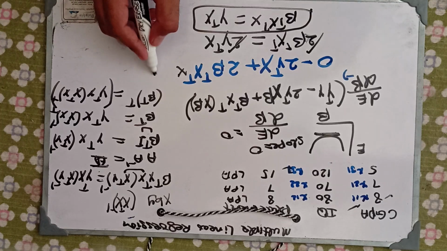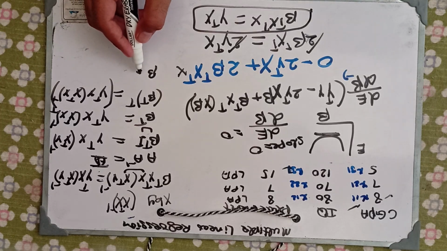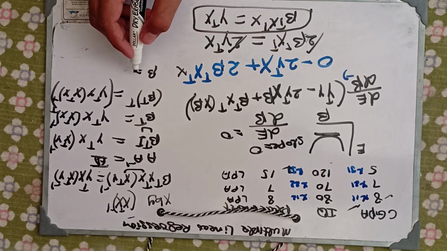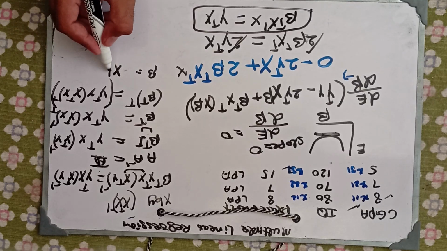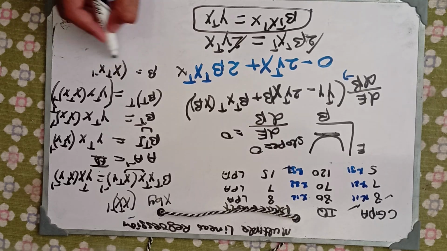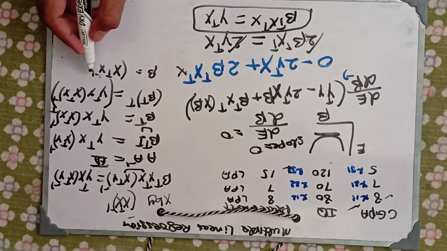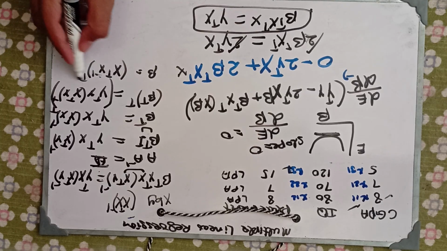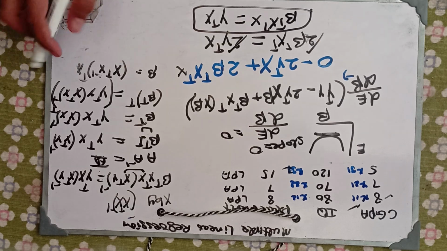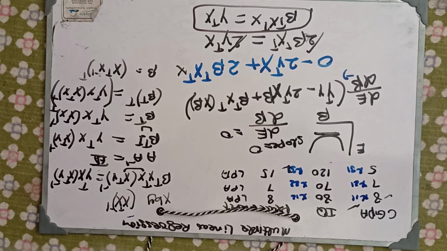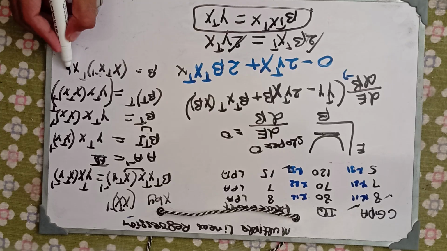So beta will be equal to X transpose X inverse, whole transpose, times X transpose y.